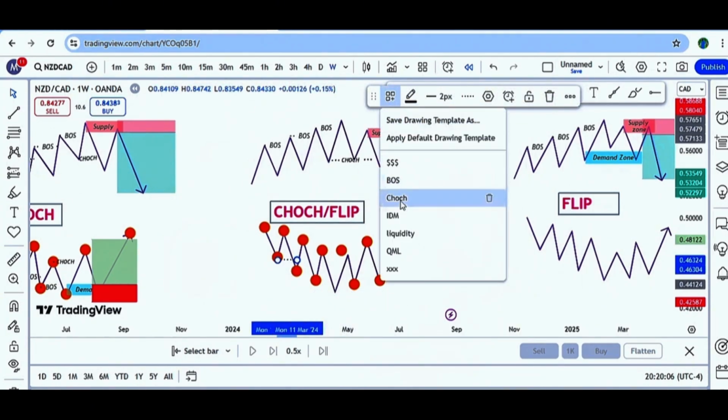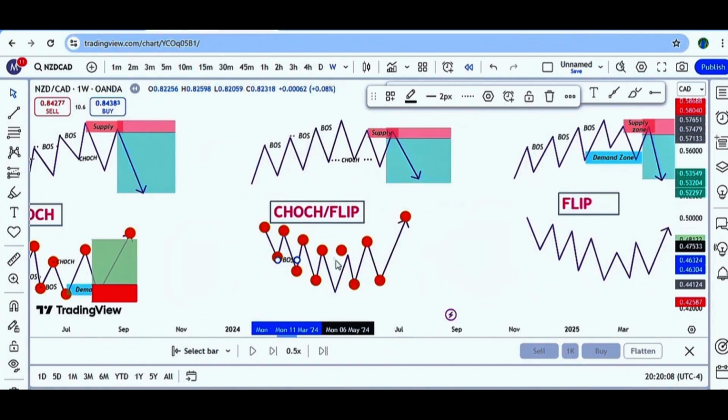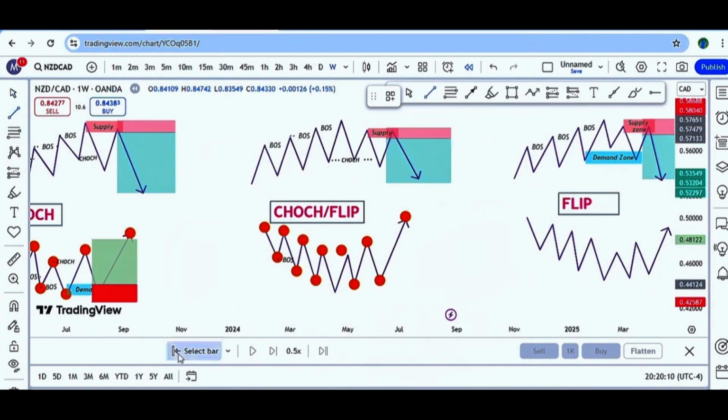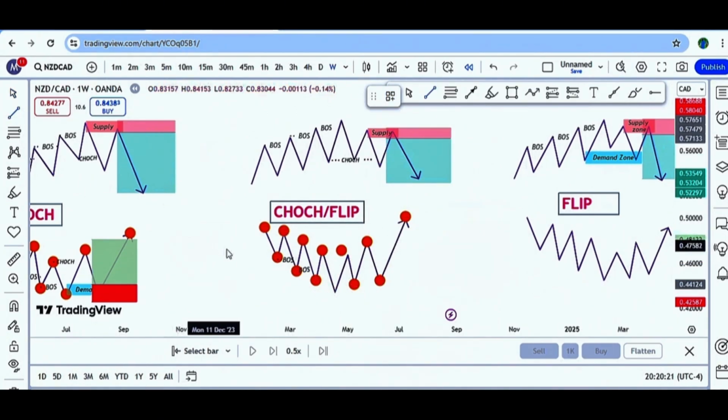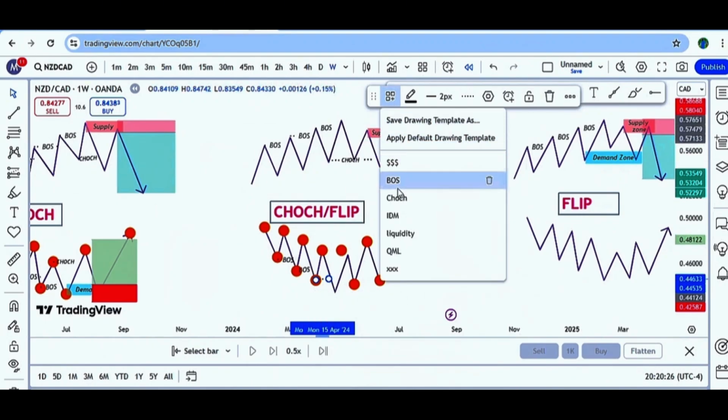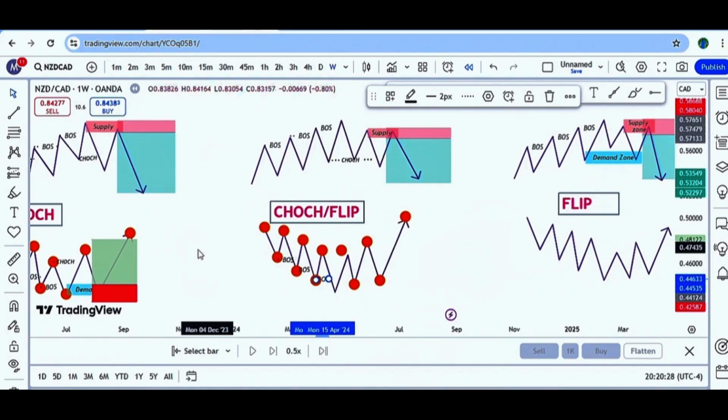BOS, break of structure. We have another break of structure to the downside. Another BOS. Another break of structure to the downside. BOS, break of structure.